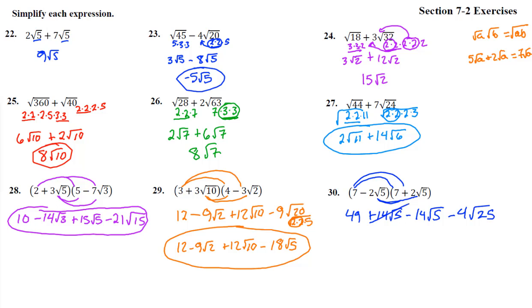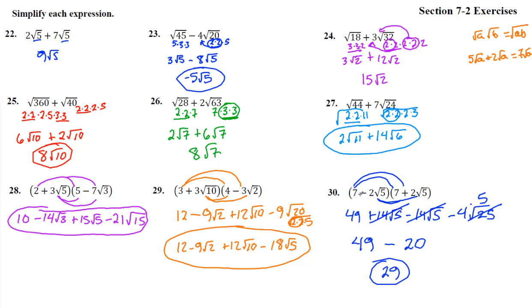Oh, these are like terms, and they completely cancel each other out. And we get 49 minus 4 times square root of 25. That's actually 5. So this is minus 20. We get the answer 29.